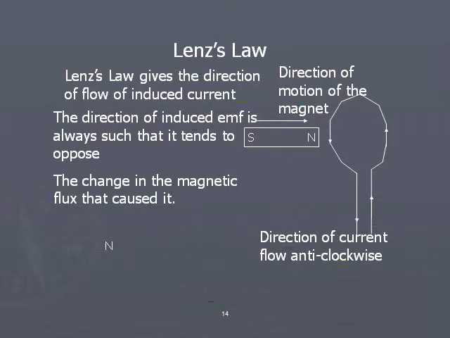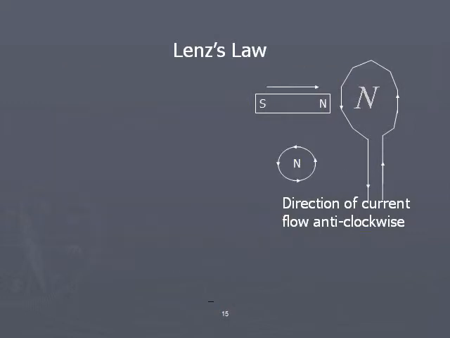Then a current flows in the anti-clockwise direction in that face. An anti-clockwise current flow in a coil creates a north pole. An anti-clockwise current flow in a coil produces north pole. Hence, the north pole due to the induced current opposes the north pole of the magnet which is coming towards the coil.